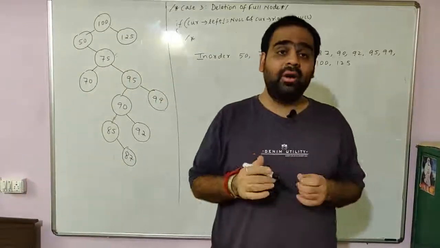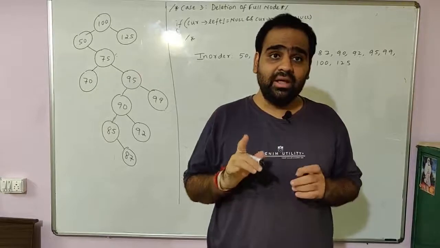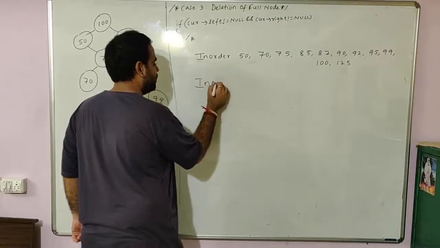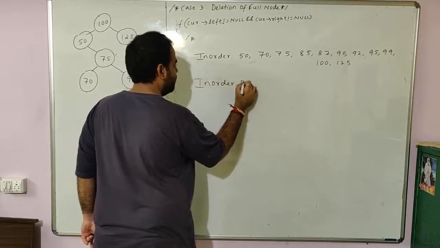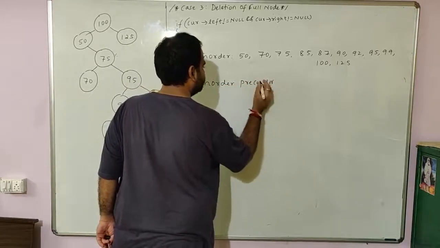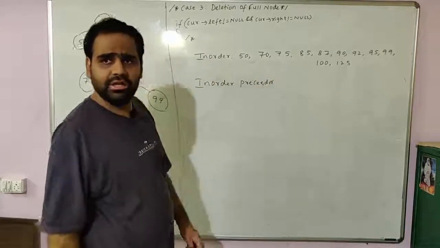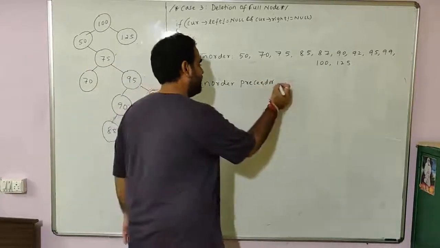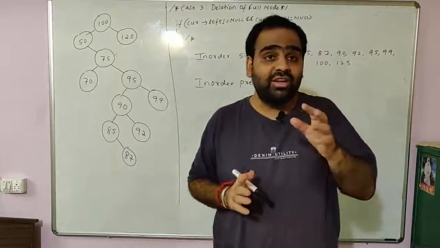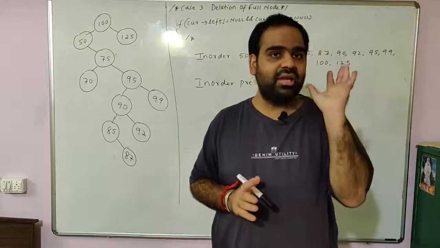Is that okay? Now in this in-order traversal, there is something called in-order preceder and in-order successor. The in-order preceder and successor are mostly used in many programs when you go to HackerRank and similar sites. Now what is in-order preceder? The number which occurs just before the given number.